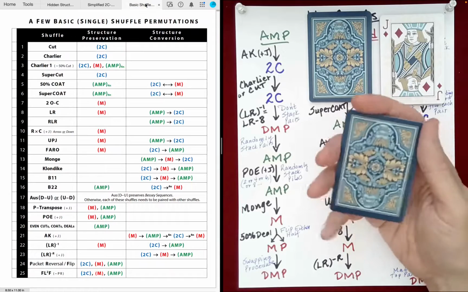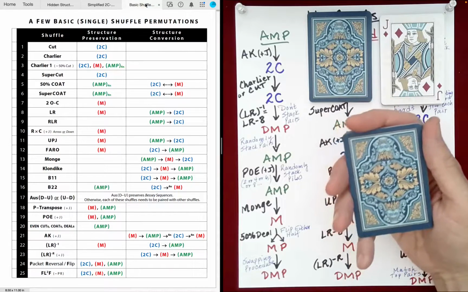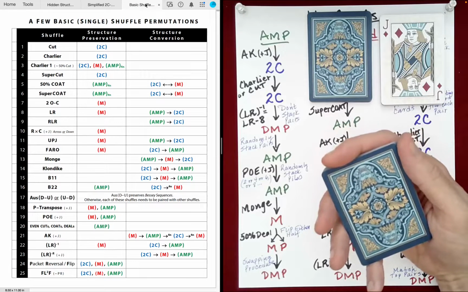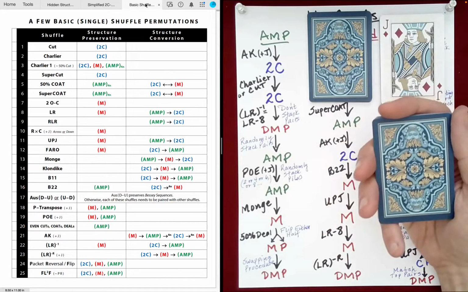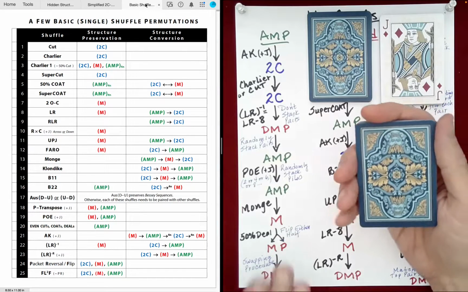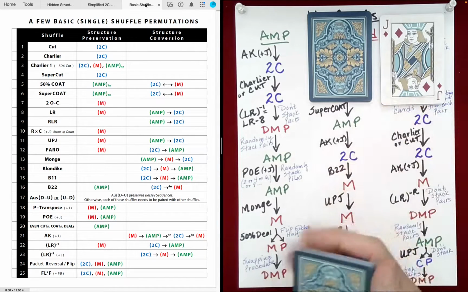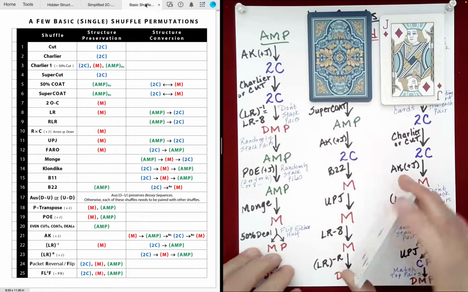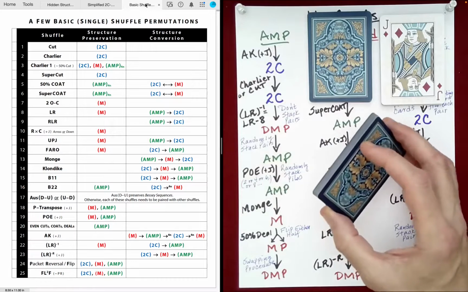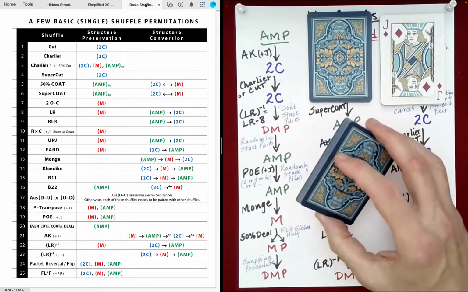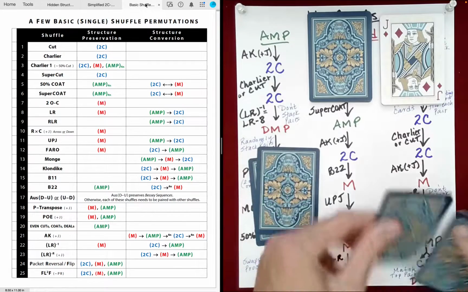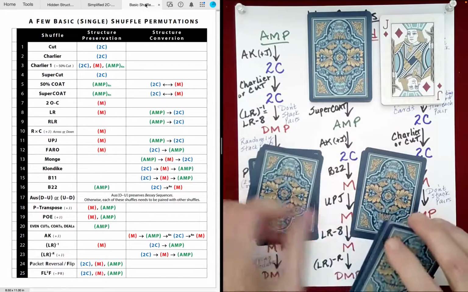Okay, so as an AMP, if you go down to line 21 on the left-hand side of the screen, you'll see the AK, alternate Klondike shuffle. And this is guaranteed to convert an AMP to a 2-cycle, okay? So how this works then is you just deal them out, left, right, left, right.